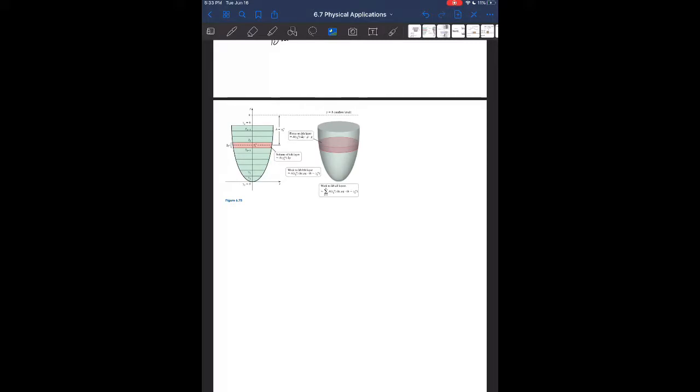So instead of dealing with volume, where it takes less work to get things out on the top than it does on the bottom, we have just this flat surface where it takes the same amount of work to get anything out of there. The amount of work just depends on how tall we have to move upwards. And so if we have these flat cross sections, then we don't get this discrepancy between needing a lot less work for things at the top versus things at the bottom.